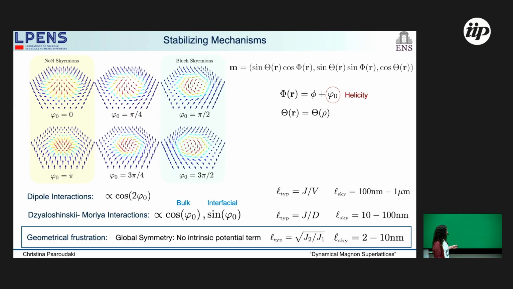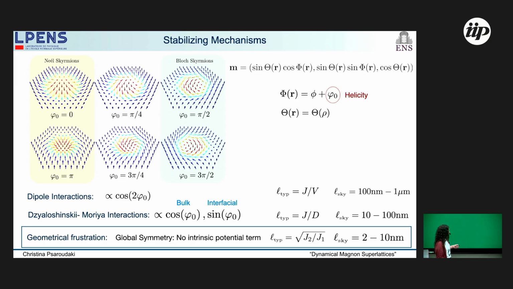Or if we have the Dzyaloshinskii-Moriya interaction that I mentioned before, depending on whether we have bulk DMI or interfacial DMI coming from the interface, we can stabilize either a Néel or a Bloch skyrmion. There are a few experiments where people can recover what is the particular helicity, whether we have a Néel or a Bloch. And the relative length for those skyrmions is about 10 to 100 nanometers. So still large, but smaller than what we get from dipole.